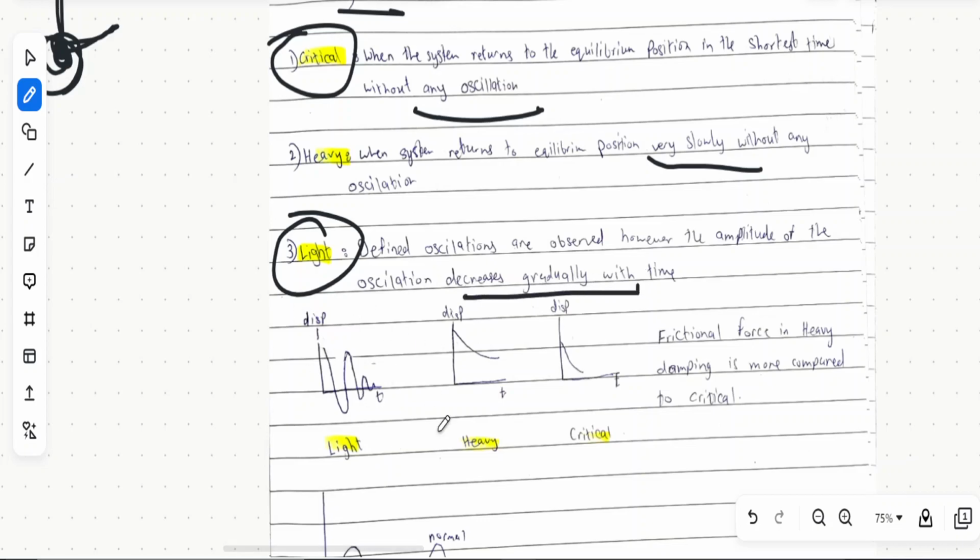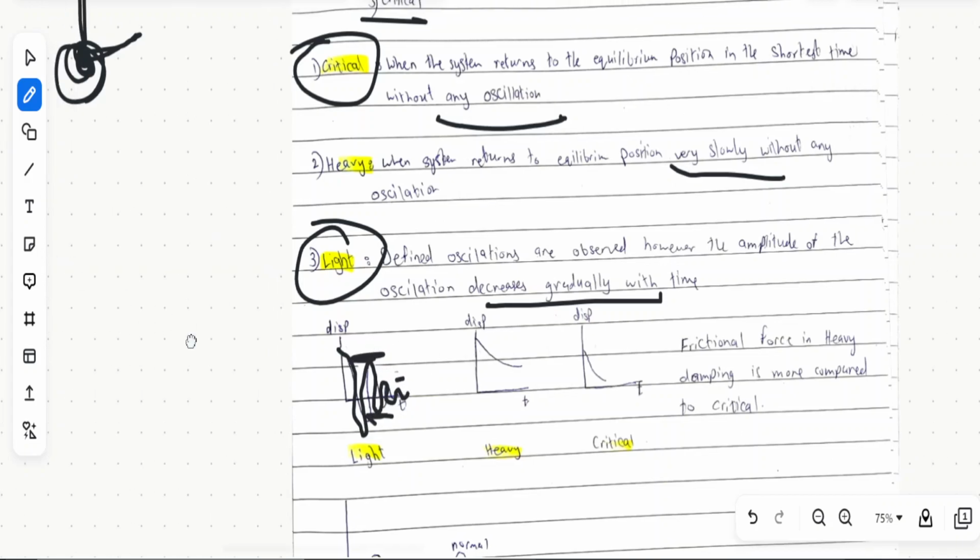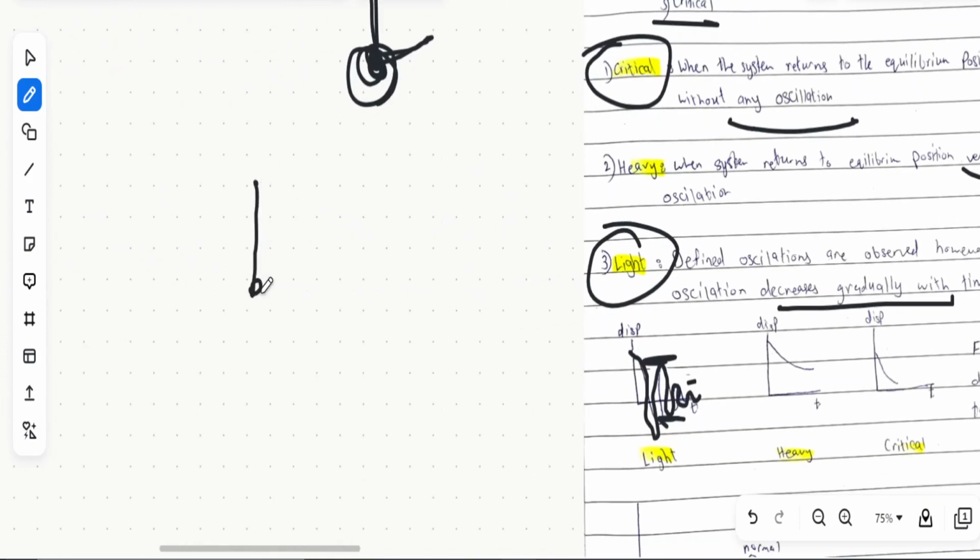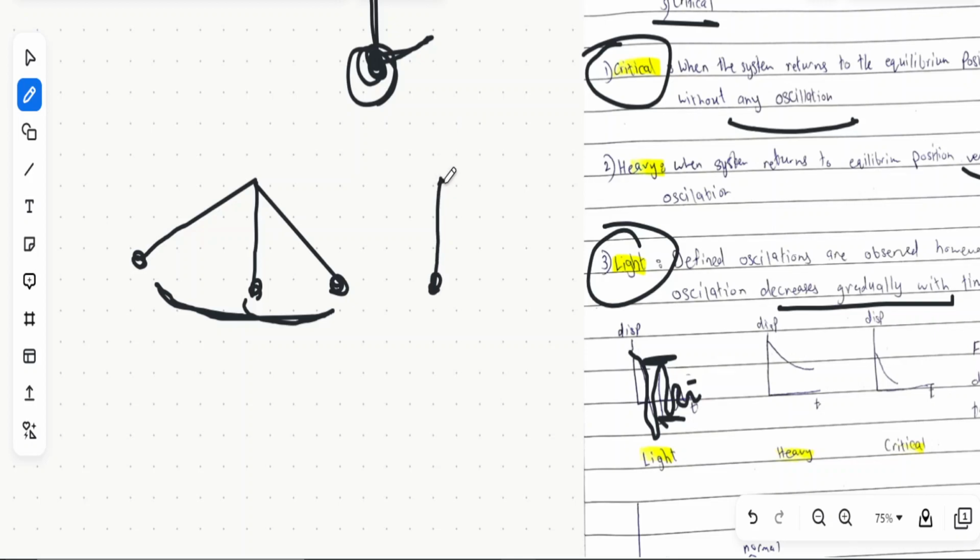So a good way to explain this is through graphs, displacement time graphs. In light damping, my oscillation will continue, but it would decrease. So my maximum amplitude decreases every oscillation. So what do I mean by this? In the first oscillation, this is one oscillation. So when the ball moves right, left, and it comes back, this is one oscillation. The next oscillation would be much less.